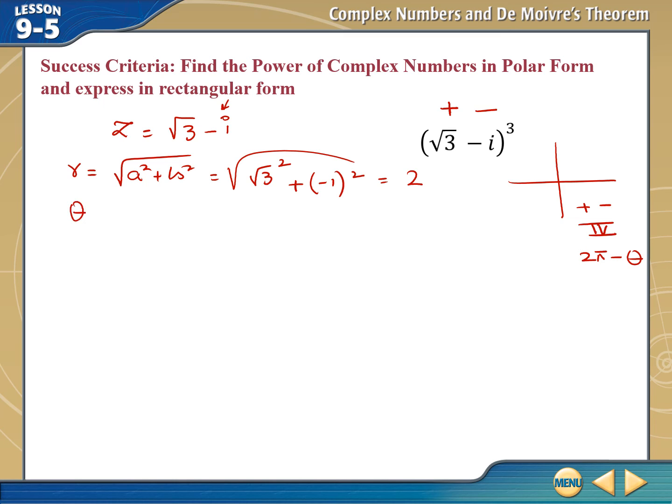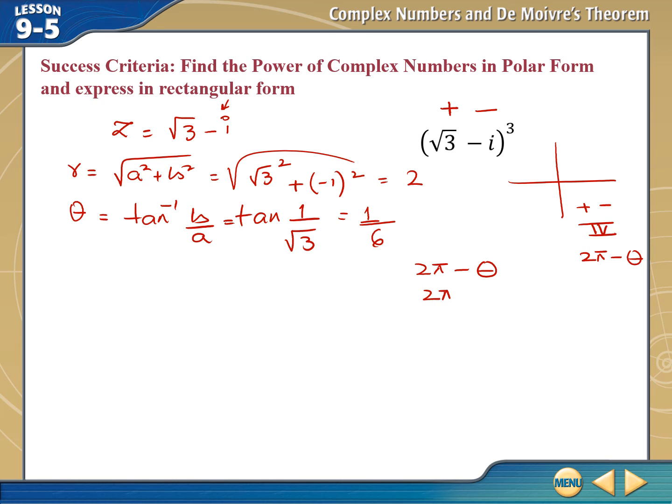So find out theta first of all, that is tangent inverse of b over a. Substitute the b with 1 and the a with square root of 3. Don't write the negative sign because it is easier with the positive sign, and after that apply the final formula for the argument, that means 2 pi minus theta.